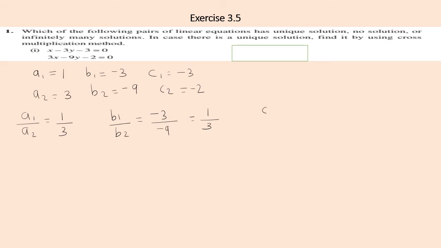Again, since a1 upon a2 equal to b1 upon b2, both are equal to 1 upon 3, you have to find what is c1 upon c2. That is equal to minus 3 upon minus 2, that is equal to 3 upon 2. That is a1 upon a2 equal to b1 upon b2 not equal to c1 upon c2.